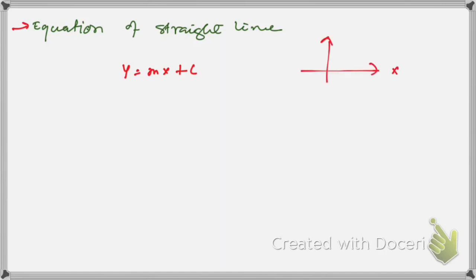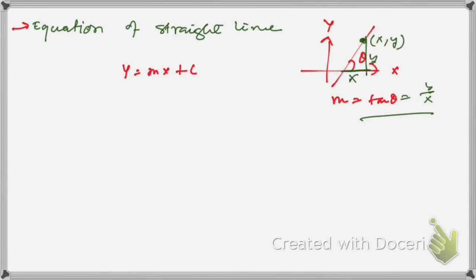Suppose this is the x and y axis and this is a line, and it makes theta angle with the positive x-axis, then m is given by tan theta, right? And if you know any point on this line, suppose x comma y, then tan theta will be given by y by x, because this is x and this is y. So y by x, perpendicular by base, gives tan theta, right? And putting the values of x and y and m, you can calculate c.